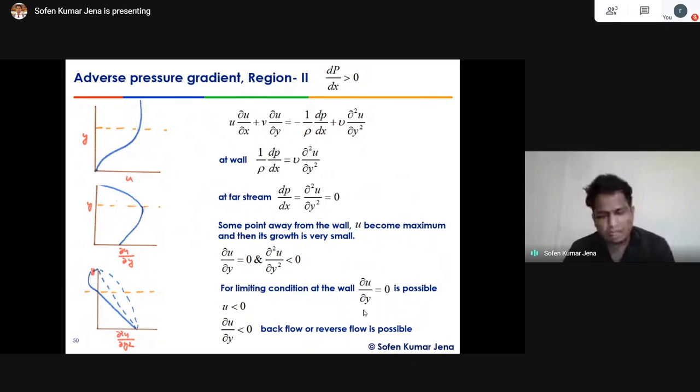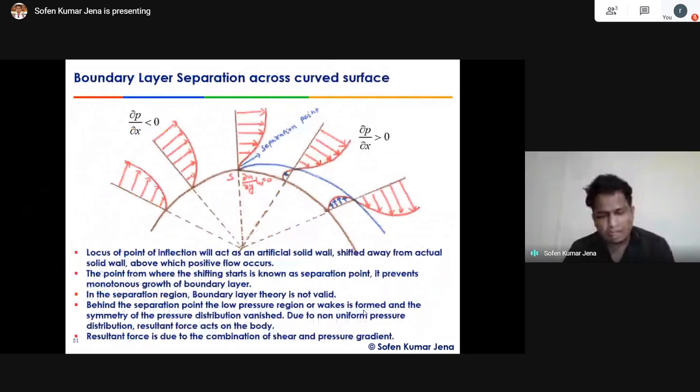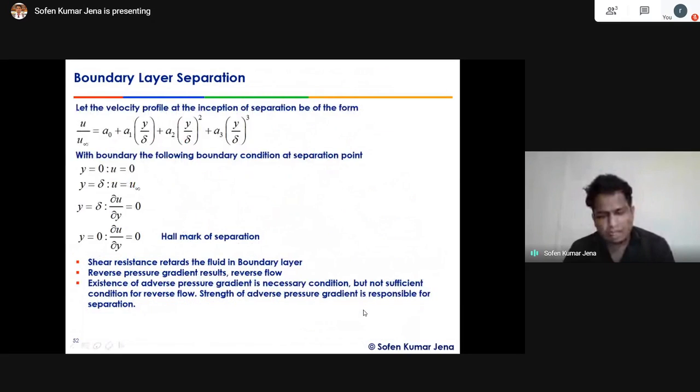When the boundary layer drag and the pressure gradient are sufficient to absorb all the inertia of the fluid, then a little bit higher pressure gradient term will result in reverse circulation of the fluid. So reverse pressure gradient results in reverse flow.